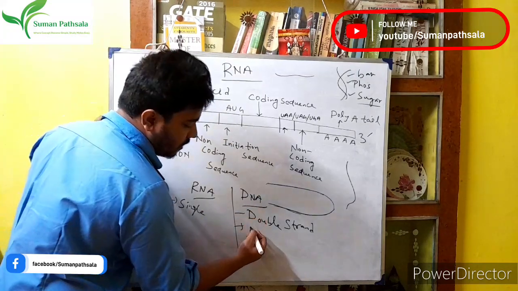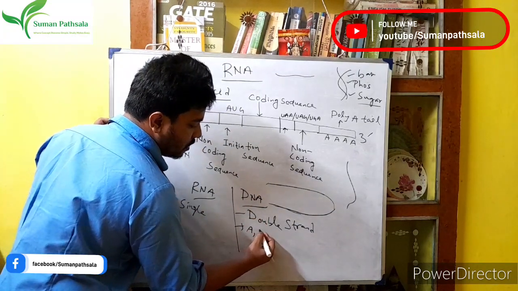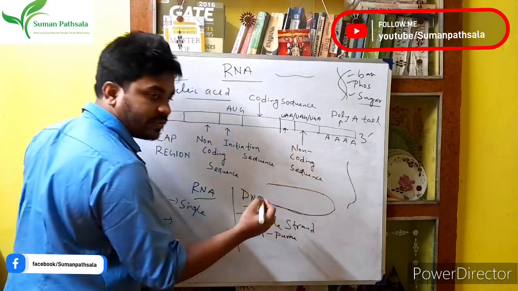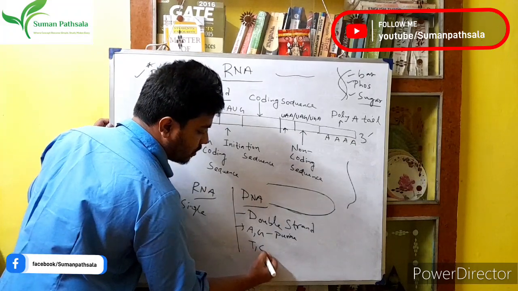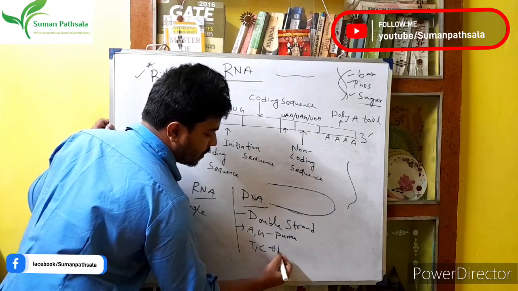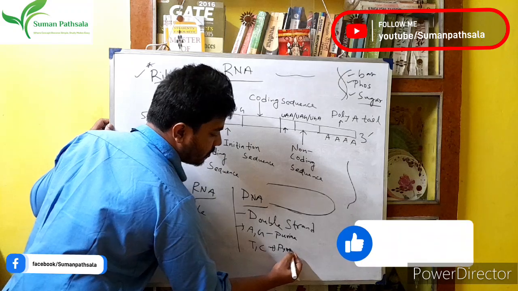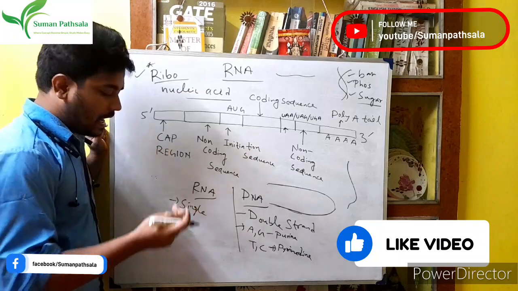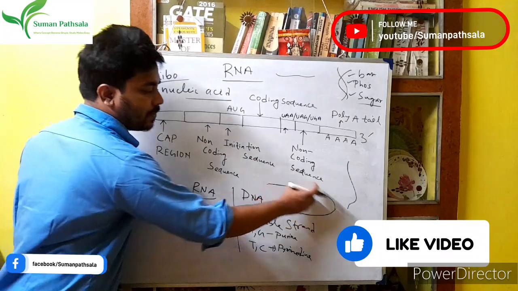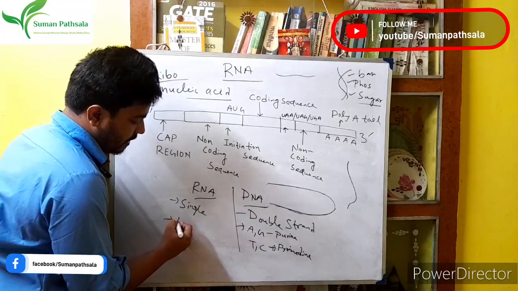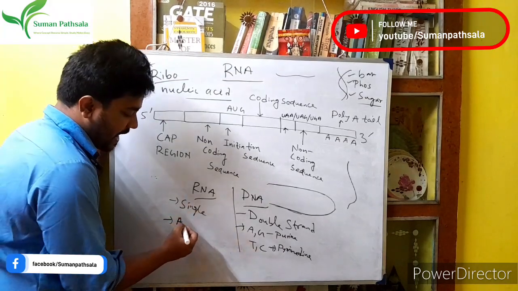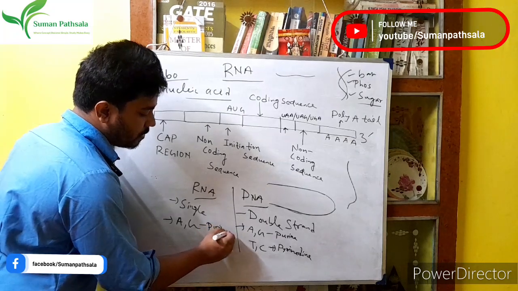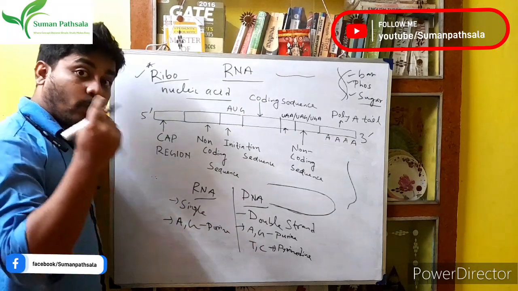In case of DNA, we know adenine and guanine are purines, and thymine and cytosine are pyrimidines, right? But in case of RNA, they have adenine and guanine as purines, but one is different.